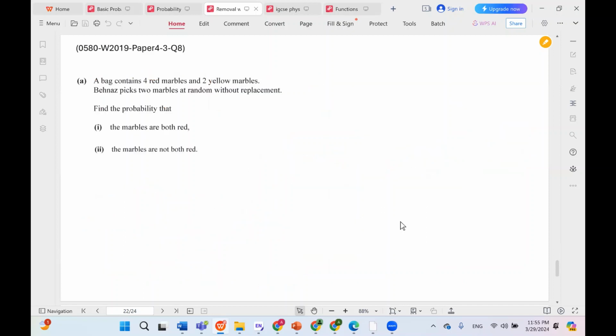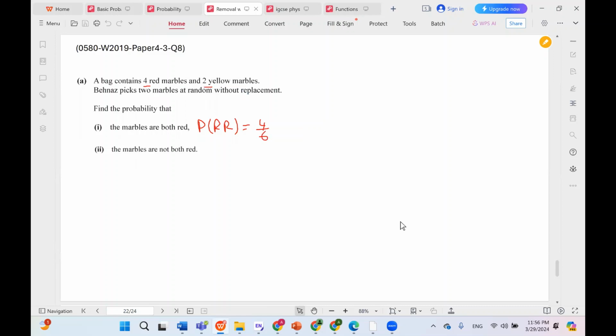A bag contains 4 red marbles and 2 yellow marbles. Behnaz picks 2 marbles at random without replacement. Find the probability that the marbles are both red. So the probability that they are both red, R and R, would be 4/6, because there are 6 marbles in total, and 4 of them are red.